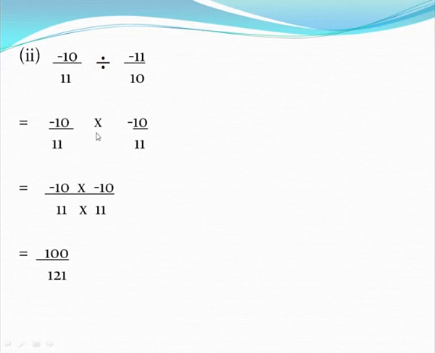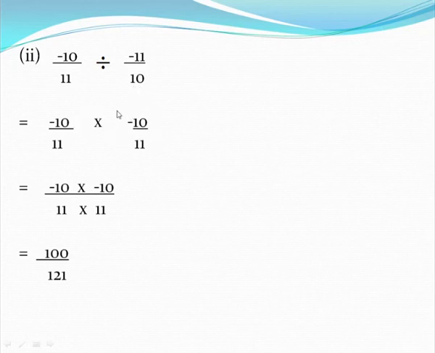Now write multiplication in place of division and interchange the numerator and denominator of the second rational number, that is, take the reciprocal or multiplicative inverse of negative 11 upon 10. So you will get negative 10 upon 11 as the reciprocal of negative 11 upon 10.